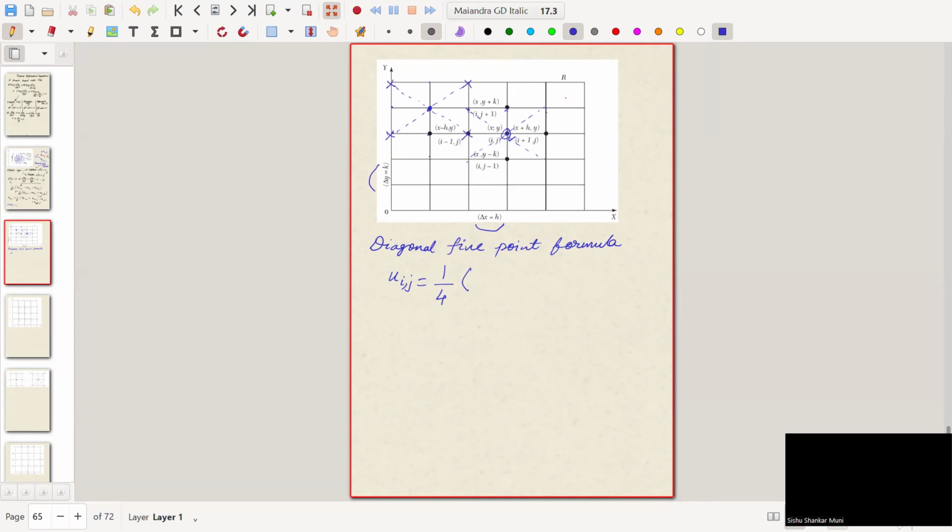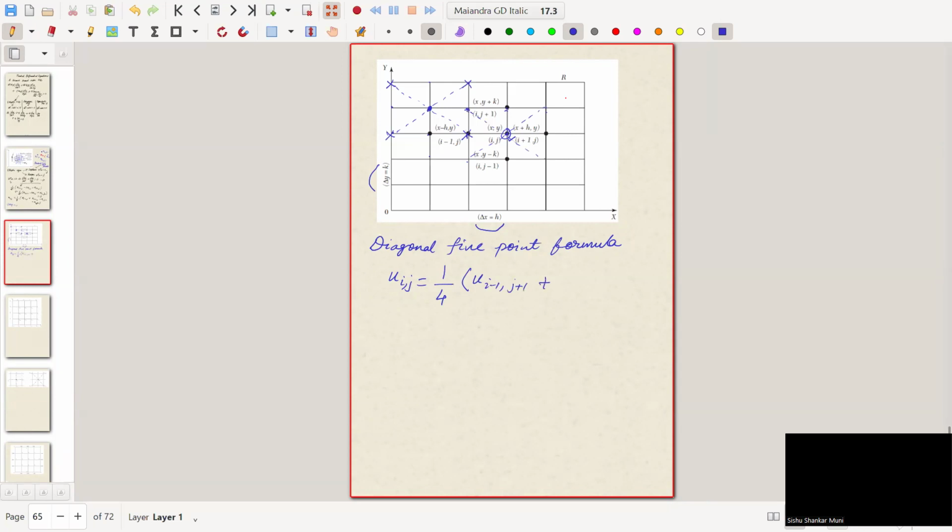What are those diagonal points? How do you find the coordinate of this point? You are here. Go one step back, that is i minus 1. Go one step further, that is j plus 1. So now you know the coordinate of this point: u i minus 1, comma j plus 1.